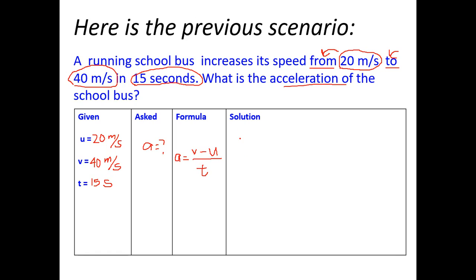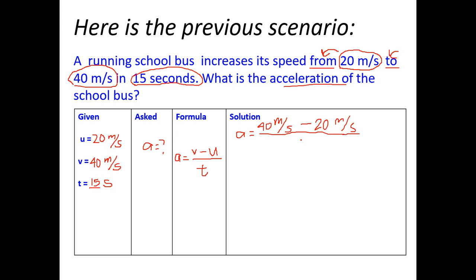So in your solution, A is equal to V, which is 40 meters per second, minus your U, which is 20 meters per second, and then all over time.